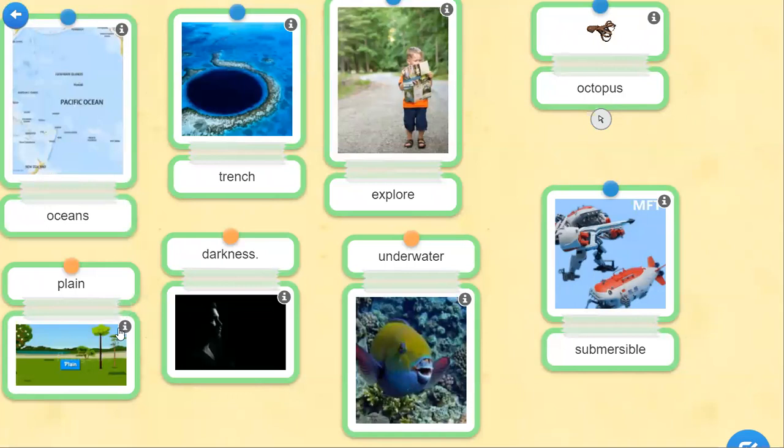Plane. Darkness. Underwater. Submersible.